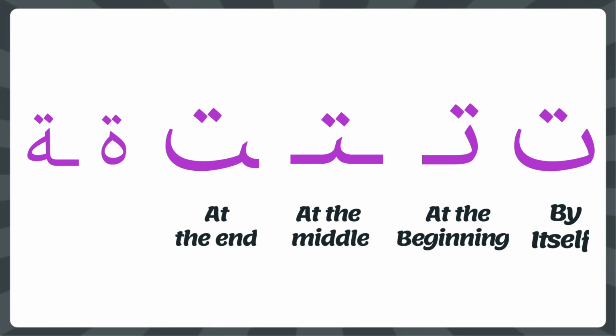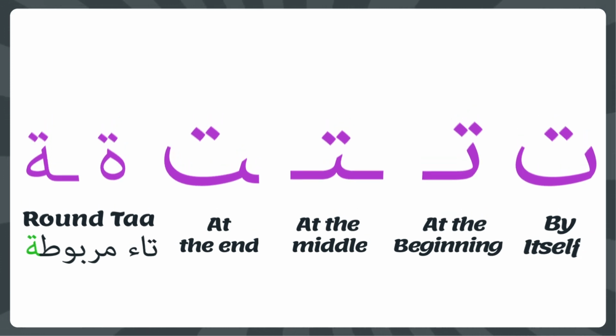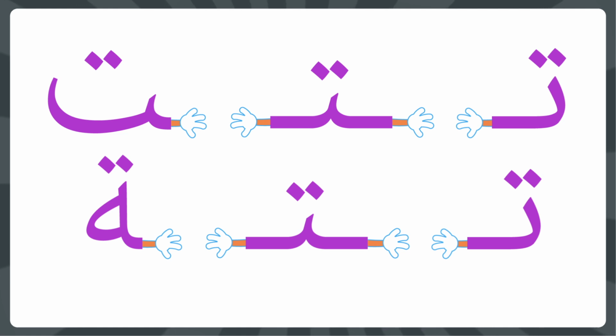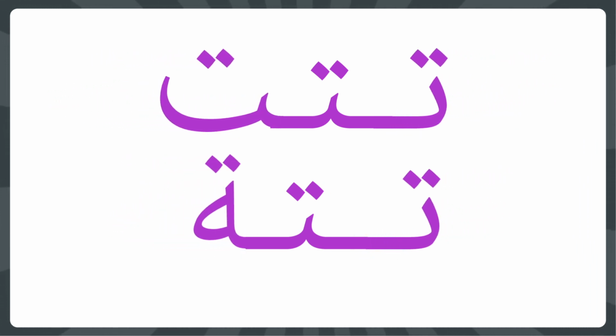We call it round Ta or Ta marbuta. It looks different but still has 2 dots on top. So all of these shapes which have 2 dots on the top are Ta. Look and see how different shapes of Ta are joining each other.